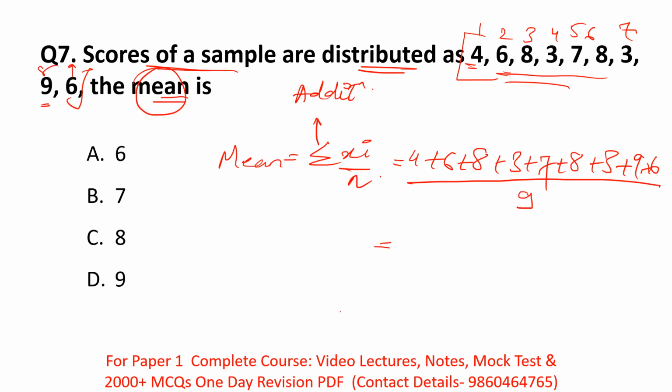Add all the terms and you will get 54 divided by 9. 9 sixes are 54, so what will we get? 6 as the mean. So the mean value is 6, meaning the average score of the sample is 6. That's why the correct option is option A, 6. Next.